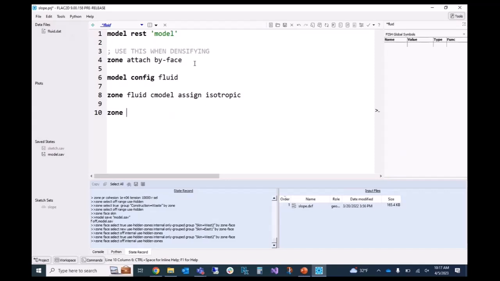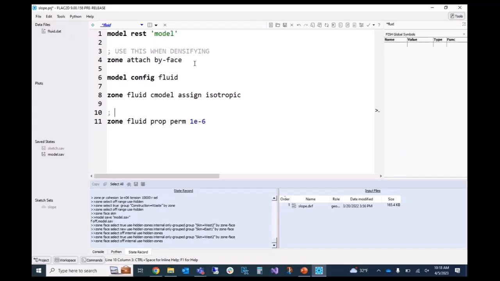So I can give a permeability here: zone fluid prop perm 1e minus 6. Now, hopefully you talked about this yesterday too, but the permeability in FLAC2D is not the permeability that you think it is. And we've got a plan for the near future to make all these things more intuitive. And I don't know how much Russell talked about it yesterday.